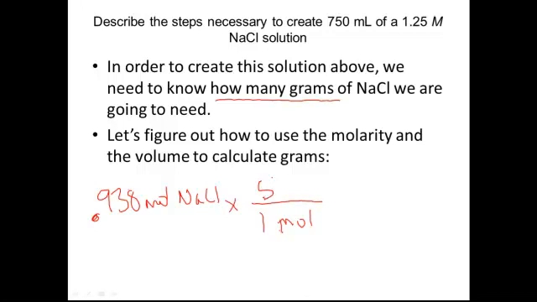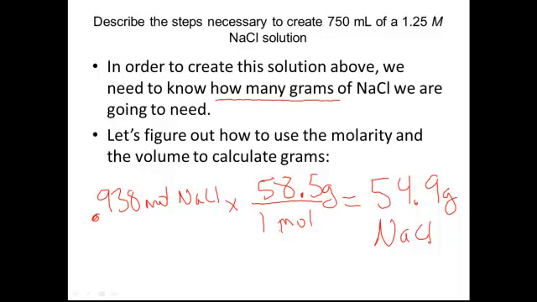That is 58.5 grams. Sodium is 23, chlorine is 35.5. That adds up to 58.5. So I take 0.938 times 58.5, and that equals, rounded to 3 significant digits, 54.9 grams of NaCl.